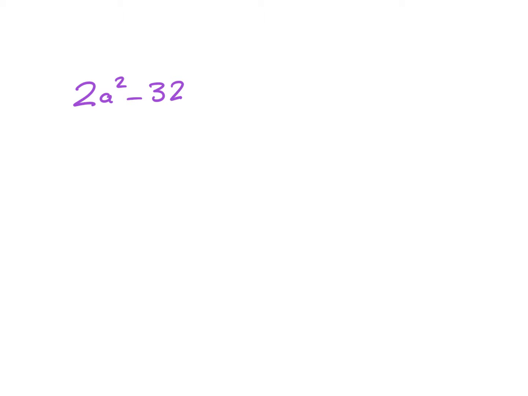Alright, well, firstly I'm going to rewrite this as 2 multiplied by a multiplied by a, and 32 I'm going to multiply as 2 multiplied by 16. Now I know 16 actually can be rewritten as 4 times 4. Alrighty, so I know that this over here is going to be a perfect square. So let me rewrite it in this format.